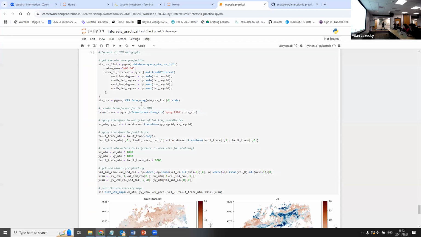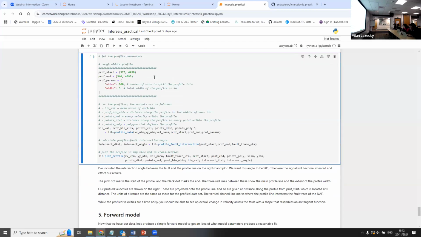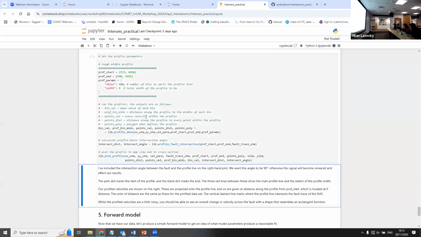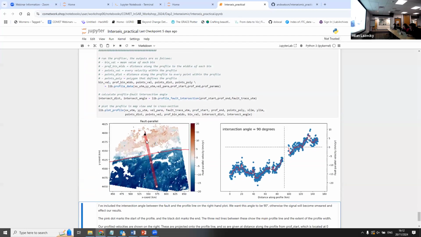So we need to do this transformation. And after that, we can use two coordinates in this region and extract the velocities and get your profile.